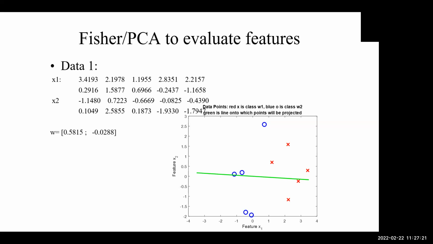Okay, so here's some examples with numbers. We have a point x1 and a point x2. Everything is 2 dimensions. So we've got 5 class 1 points and 5 class 2 points. So if we look at this, here's one data point, which is 3 and 0.29 right there.